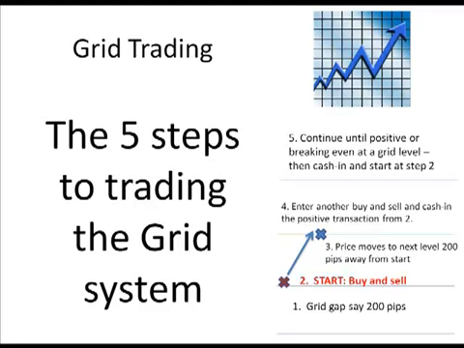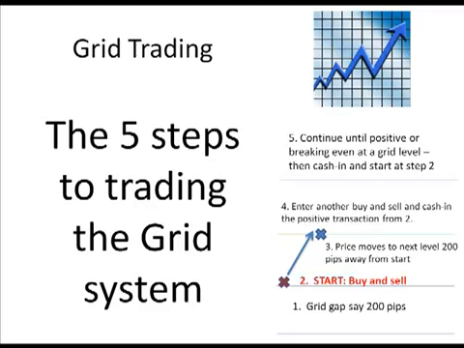Once it has reached there, you go into 2.4, which is you enter a buy and a sell at that level again. Then you cash in your positive transaction. The buy from your initial transactions will be positive, so you cash that buy in, and you just leave the transaction that's negative.